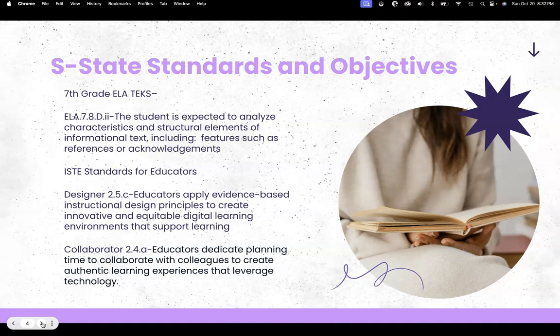And then there are two ISTE standards for educators. 2.5C: educators apply evidence-based instructional design principles to create innovative and equitable digital learning environments that support learning. And collaborator 2.4A: educators dedicate planning time to collaborate with colleagues, this would be Mrs. Stewart, to create authentic learning experiences that leverage technology.